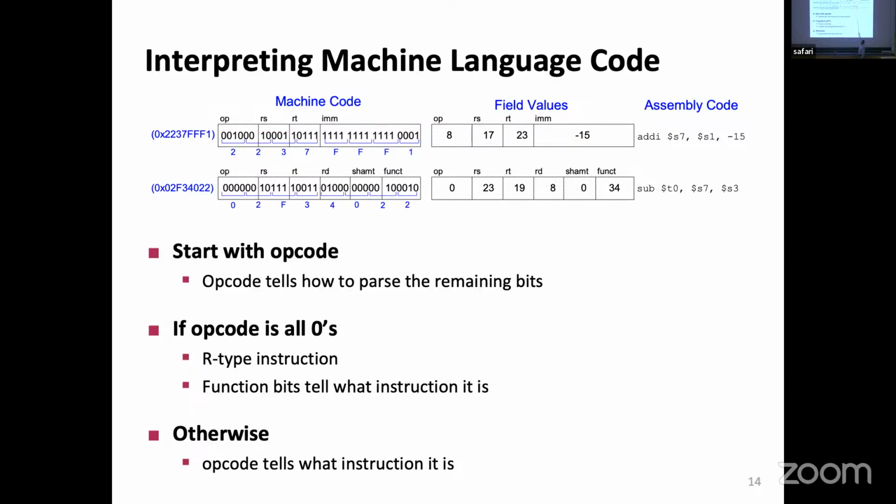Let's look at here, 34, that's a subtraction. So if you are subtracting, what are we subtracting from what? And then you say, okay, this is the S3, this is the, well, I have no idea. And you figure out which one is which, and then you have your instruction. This is what we covered in a nutshell last week.